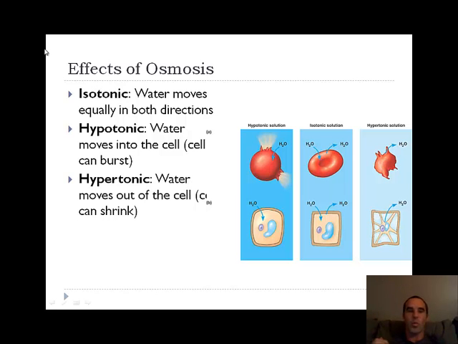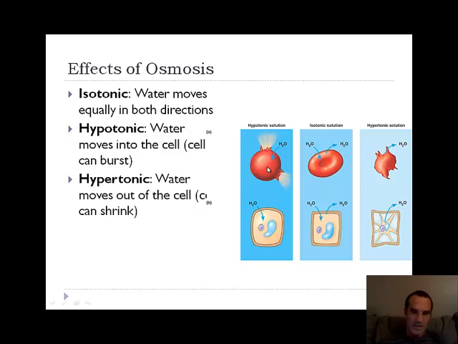Okay, so what kind of conditions does this create in the cell? There are basically 3 different things that are going to happen. In a hypotonic solution, you've got more water concentrated outside. We just learned that because of osmosis, water goes from high concentration to low concentration. So it would move across and into the cell. At top, in our example, it's like a red blood cell or an animal cell.